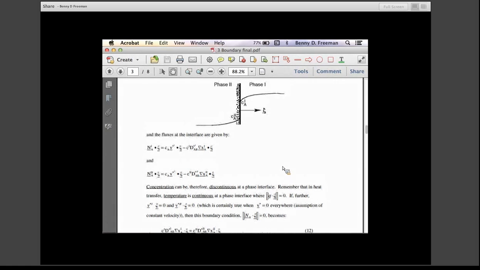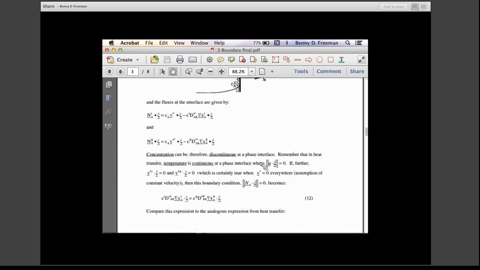And so unlike temperature, which across a phase interface is always constant, at a phase interface you can have a jump in concentration. It's the ratio of the concentrations that is constant. It's not the concentration itself that is the same on both sides of the phase interface, but the ratio of the concentrations, or the partitioning coefficient, will describe the relationship between the concentration of A in phase 1 and that in phase 2.